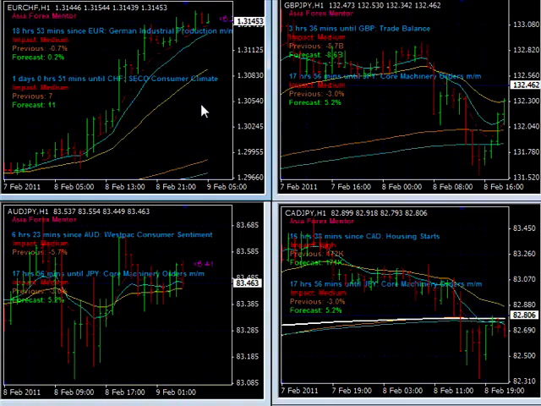Another one, this is the Pound Yen, the 1 hour chart. The 10 crosses down the 25, and a pin bar forms at the cross, touching the 10.